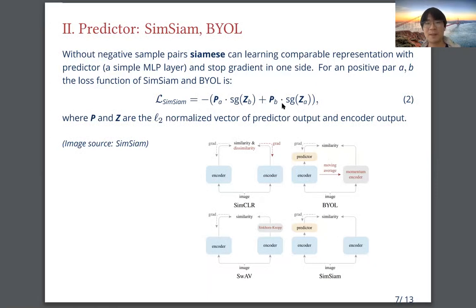It's like this. And another thing, they need a stop gradient on this side. BYOL is very similar to SimSiam. The only difference is that on this side, BYOL updates this encoder by moving average with its momentum encoder, just like MoCo version 2.